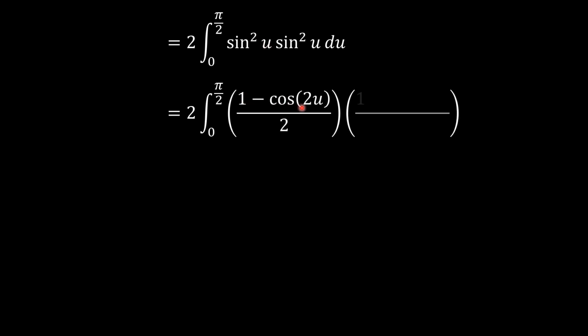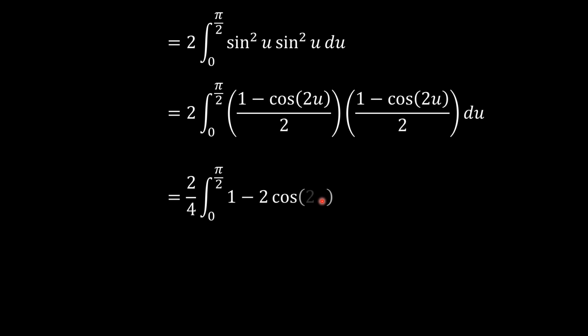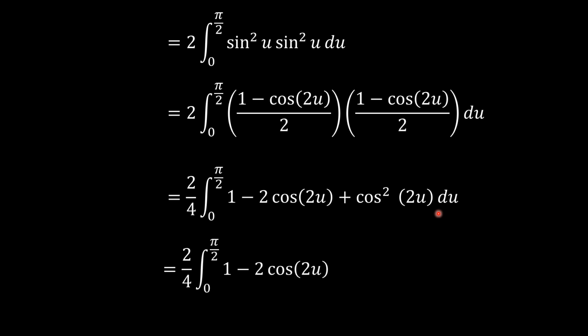Which means that now we can integrate sine squared u being expressed as 1 minus cosine 2u over 2. When you square that, we get a quarter pulled out, and we have 1 minus 2 cosine 2u plus cosine squared 2u. Cosine squared 2u can be expressed further as a half of 1 plus cosine 4u.